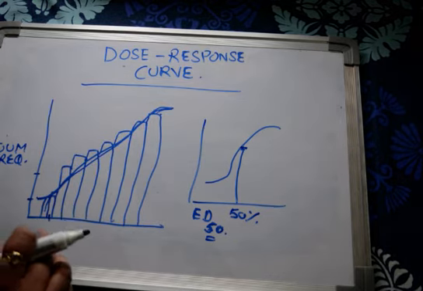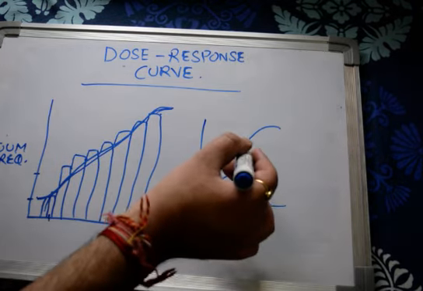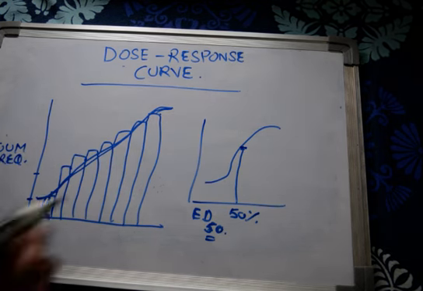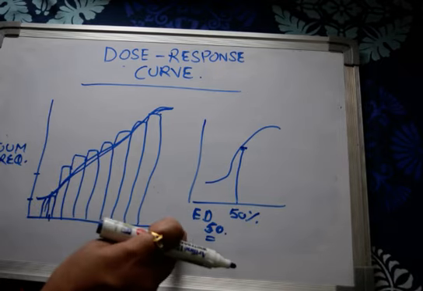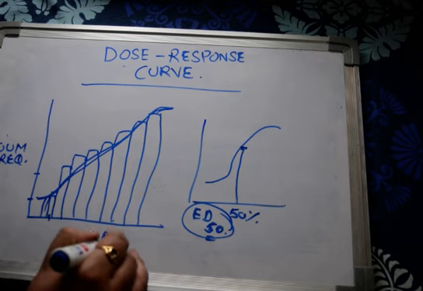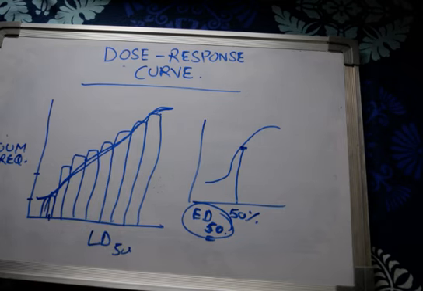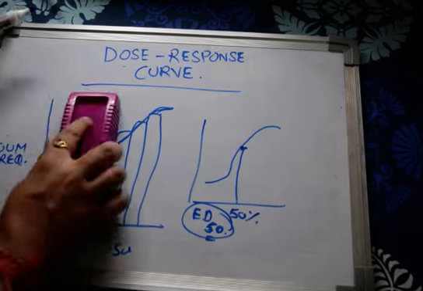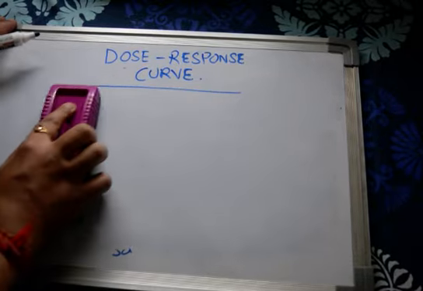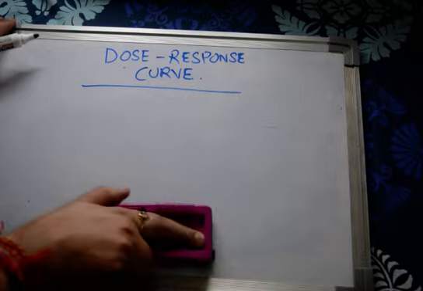And if we are talking about toxicity, 50% of the animals will die by this dose. Okay, so this becomes an important thing, and why I am stressing this ED50 or LD50, these two are actually responsible for what we call another concept called the therapeutic index.